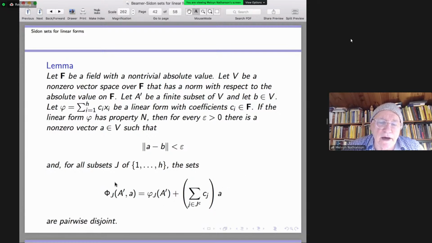And remember, there's a connection between these sets being pairwise disjoint and having something like a Sidon set.